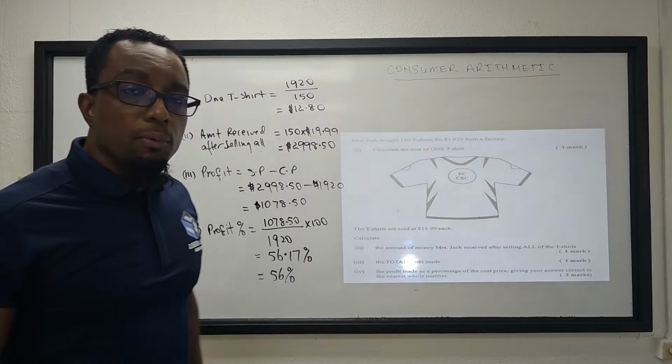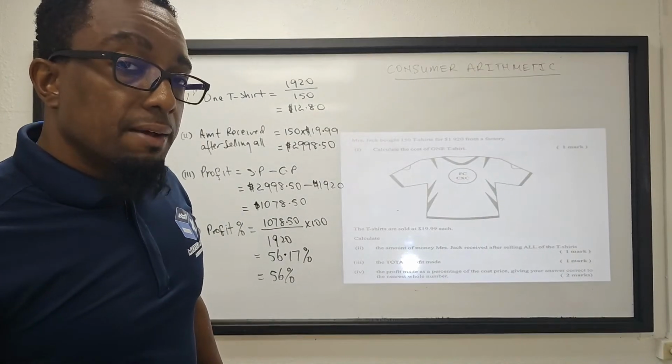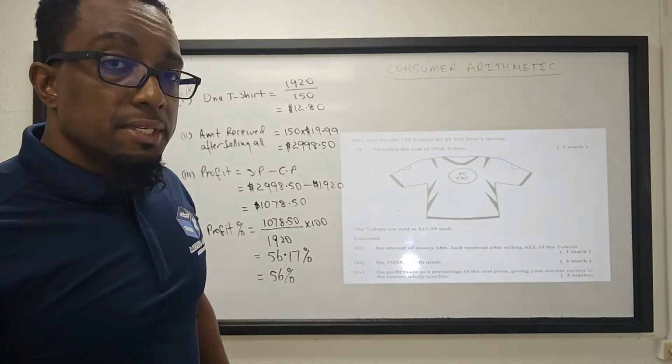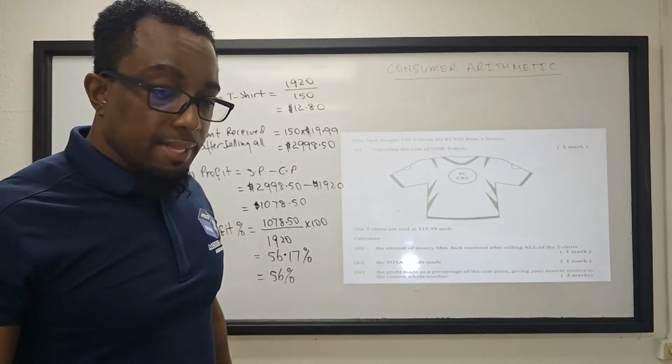Of course, the first digit after the point is less than 5, so your 6 stays as is. So 56% will be our answer for that question.